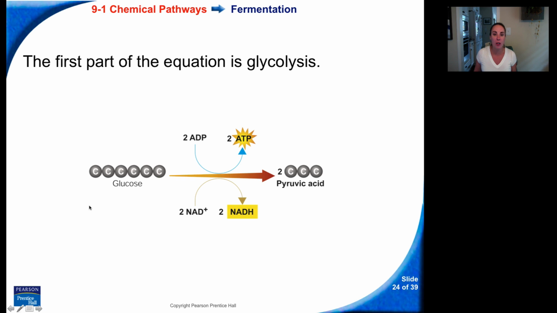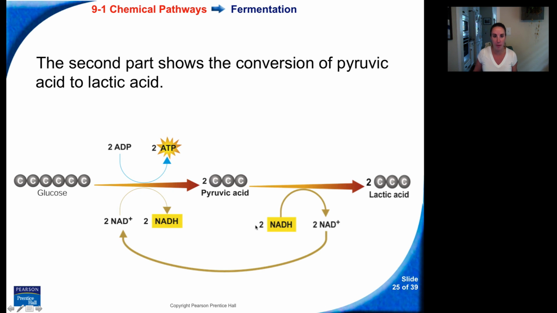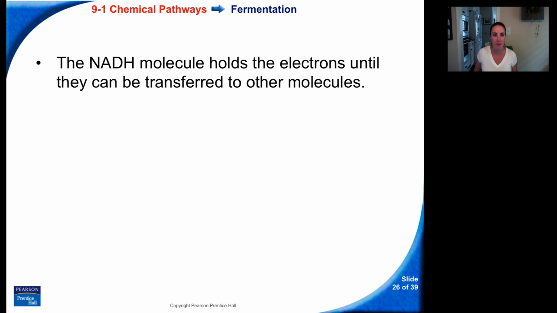So the first part of the equation is glycolysis. We're going to split glucose into 2 pyruvic acid molecules, producing 2 ATP and 2 NADH. That pyruvic acid is then converted into lactic acid, regenerating NAD+, so it can go back to the beginning and we can continue making ATP from glucose without oxygen.